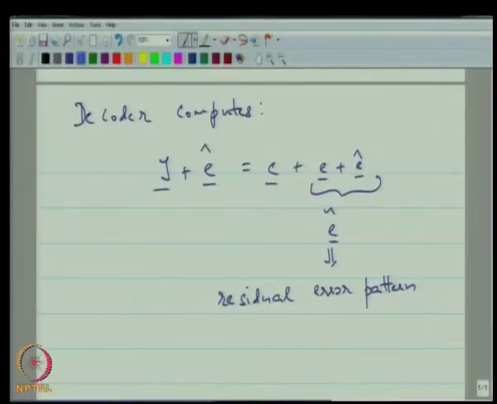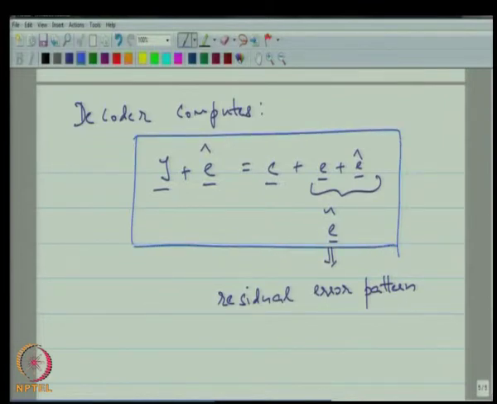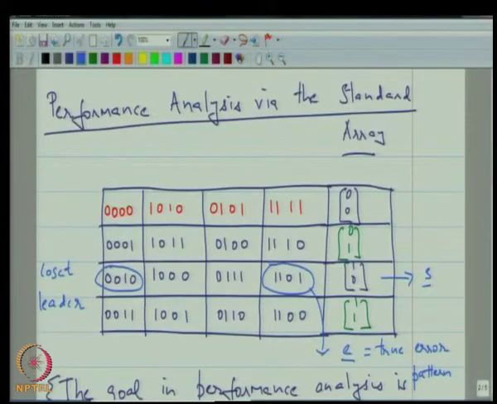And now what I want to do is identify, in the standard array, the residual error pattern. Okay. So, getting back to our example, I said let this be our true error pattern, and then here is your coset leader, which we also agreed to call E hat. And now what would the decoder do?